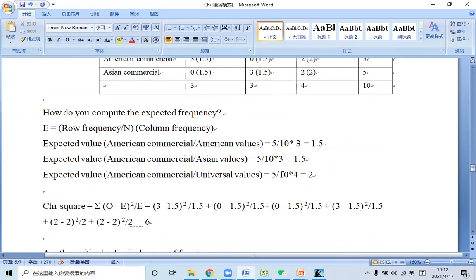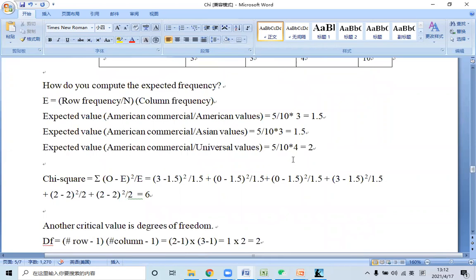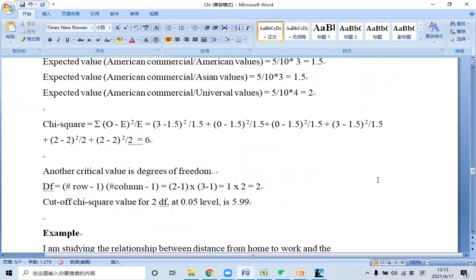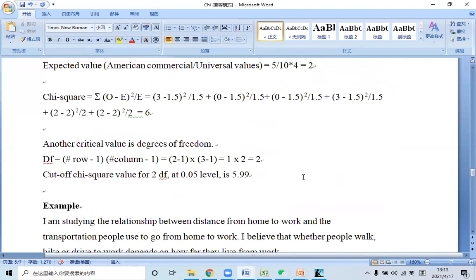There are some differences in the proportion between the 2 groups on expressing Asian values versus American values. This is the chi-square result conclusion. Yes, we do reject the null hypothesis.